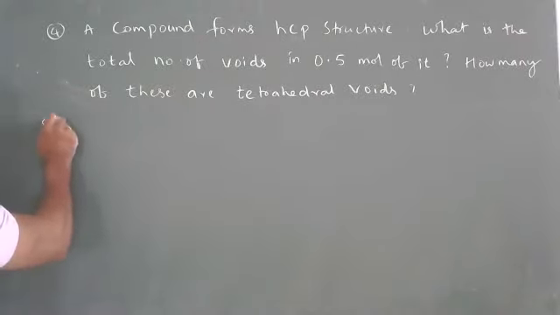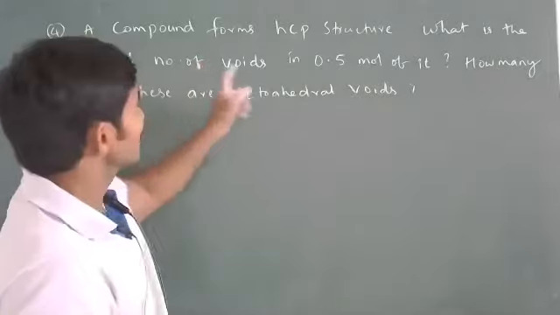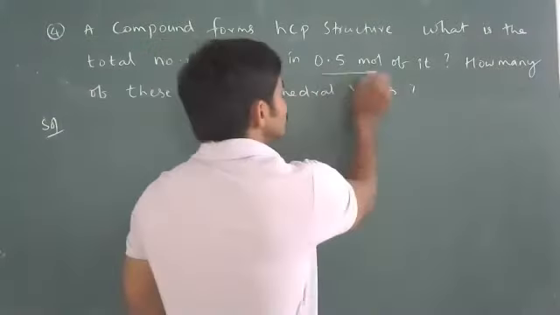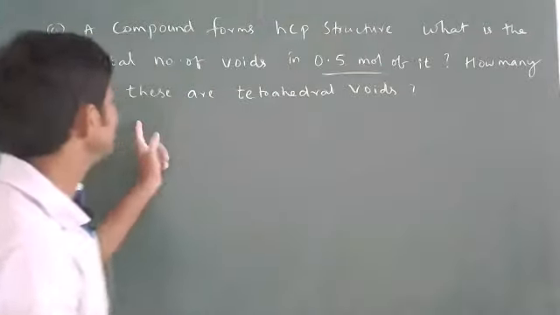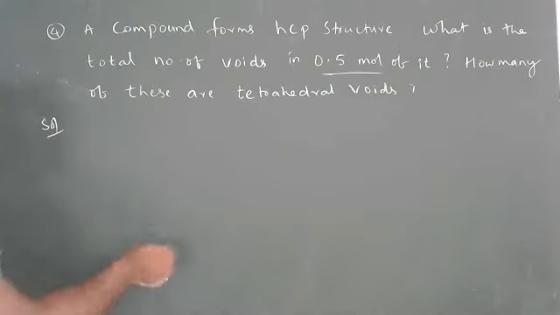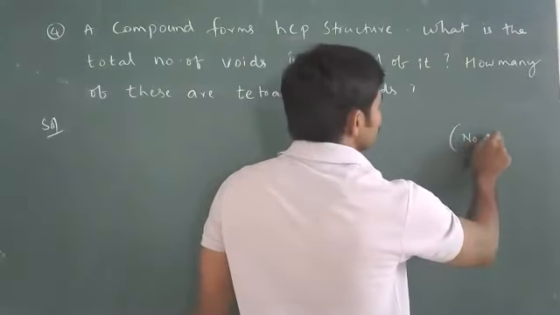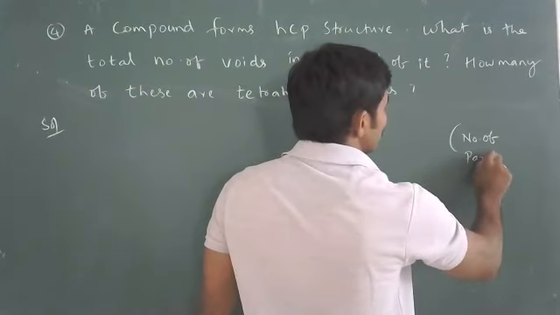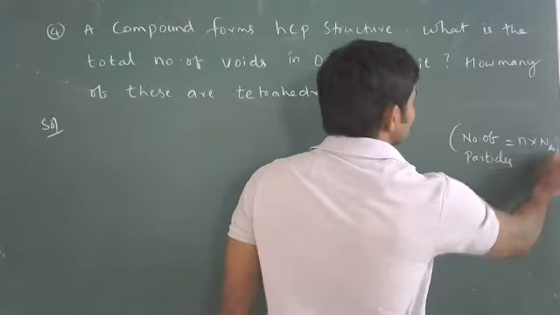You see, a compound forms HCP, what is the total number of voids in 0.5 mole? They are mentioning 0.5 mole, and further they are asking how many of these are tetrahedral. So first let us find out the number of particles. Generally, number of particles is equal to number of moles into Avogadro number.